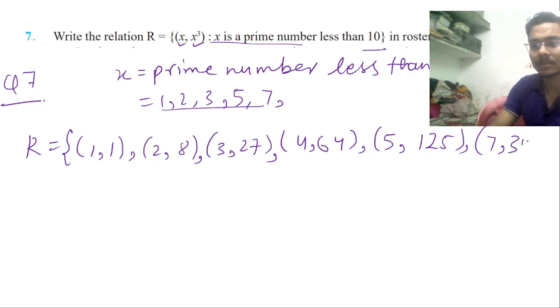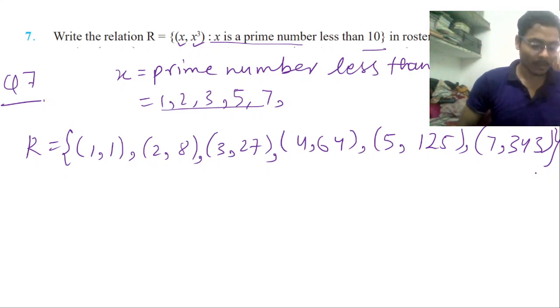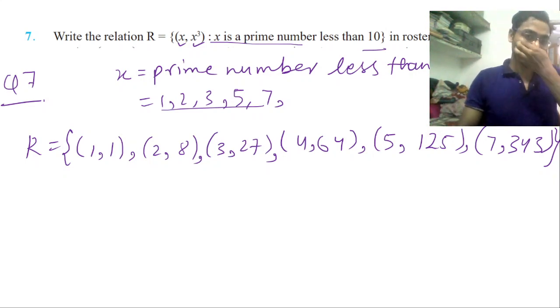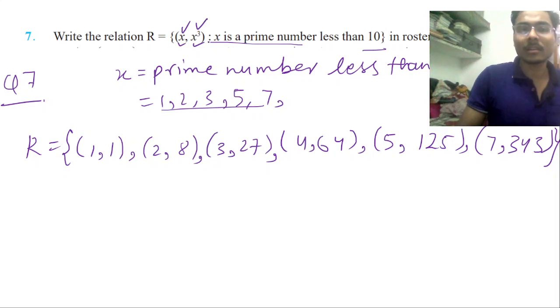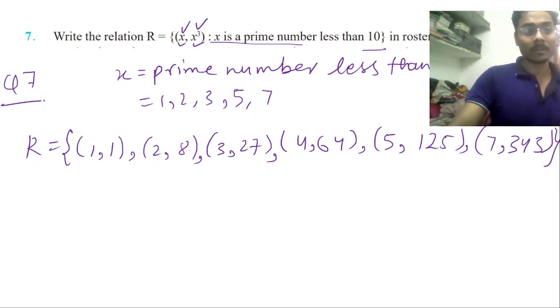You might have known this number, and that's how we write the relation of question number 7 in roster form. We simply put x here and then the cube of the same number as the corresponding number. Okay, they're not asking us to write down the domain and range, so we're not wasting our time in this question.